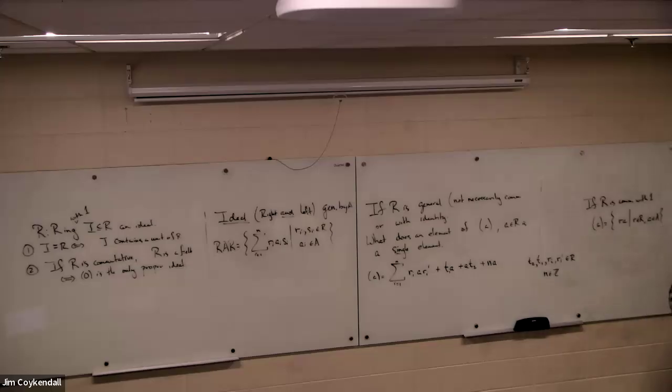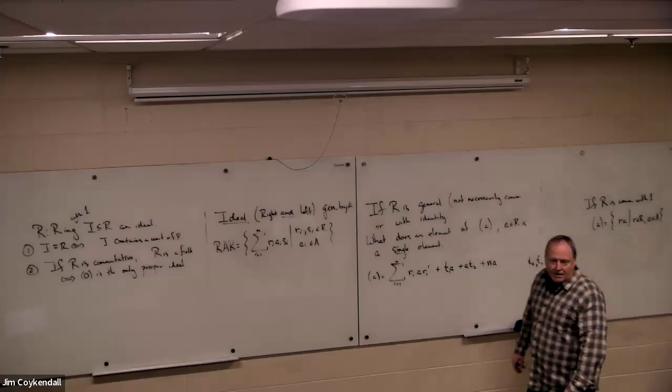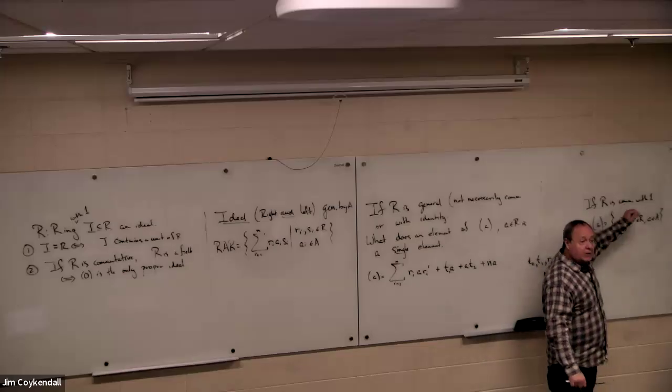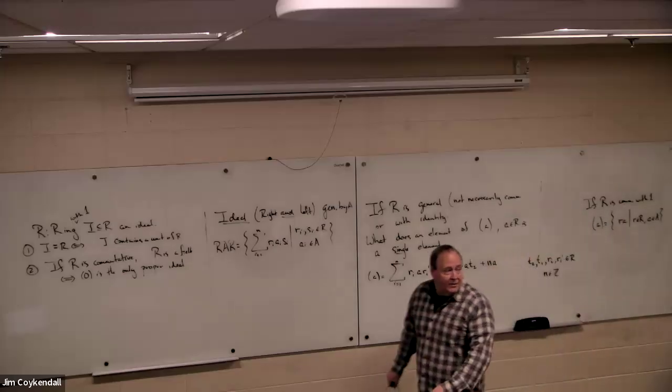This is the ideal generated by A. And what it actually is as a set is every multiple of A. That's it, right? You don't need the sums earlier because if you have R1A plus R2A plus R3A, you group that together, it's a single something times A. And this works for both kinds of ideals because I'm assuming it's commutative, right? Yes.